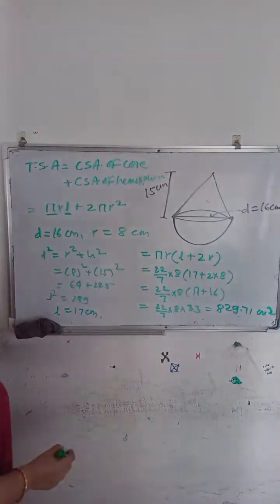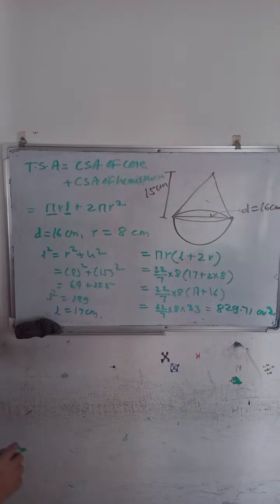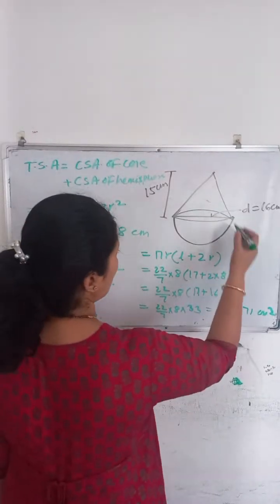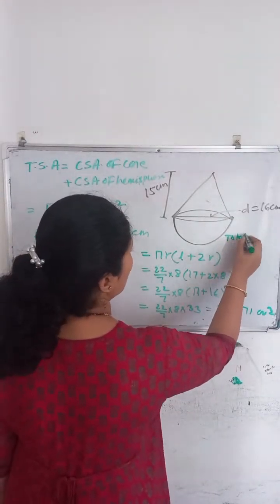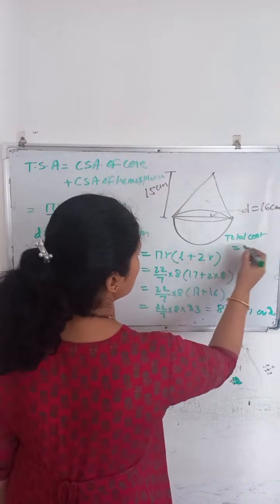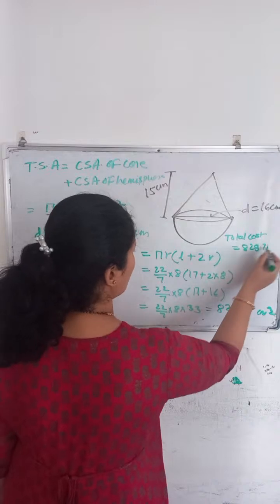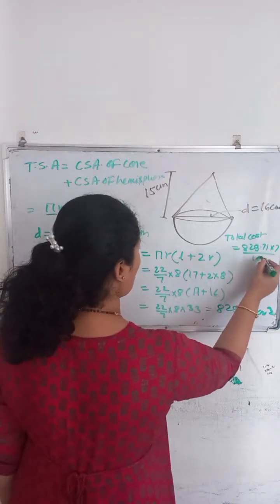Once you get this, they are asking us to multiply this by 7 per 100 centimeter square. So total cost is equal to 829.71 into 7 divided by 100.